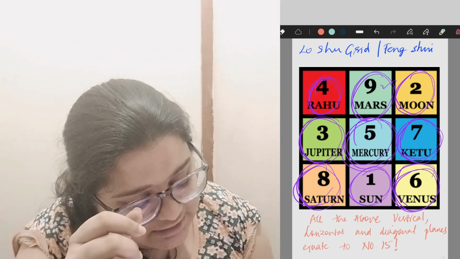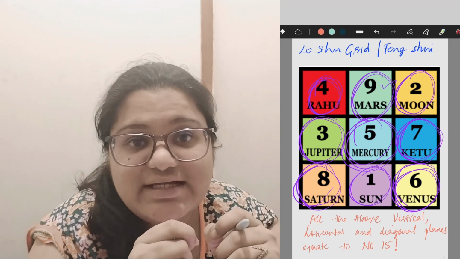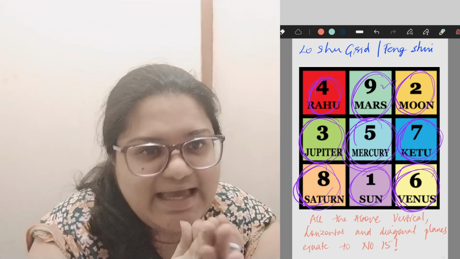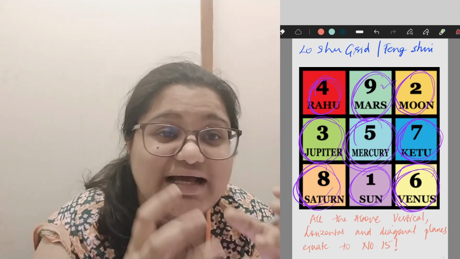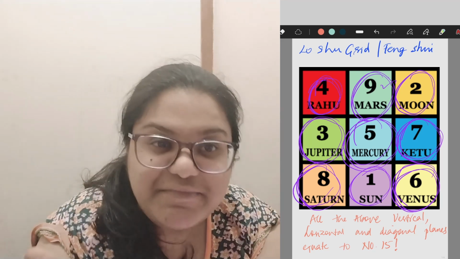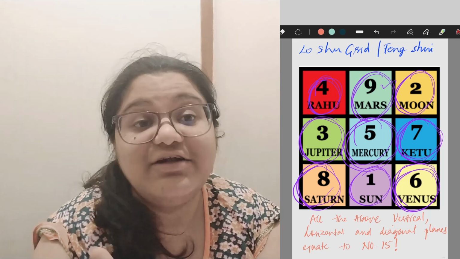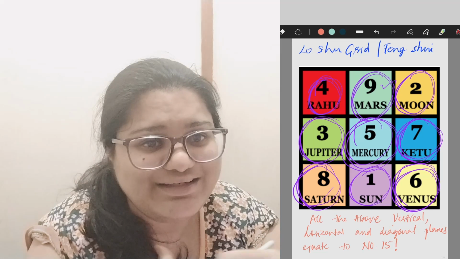Then let us come to the last number of the grid, that is number 6. Number 6 is associated with the planet Venus. Like you know, this is one of the most looked into numbers or planet associations, because this completely deals with the aspects of luxury, femininity, the fluidity of money, the fluidity of luxury, the kind of ability or lifestyle that you can lead.